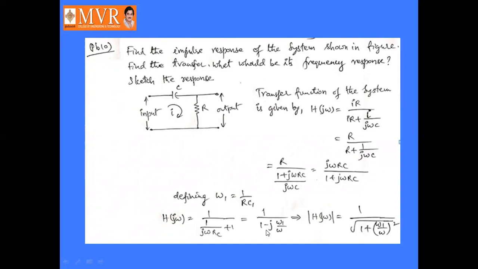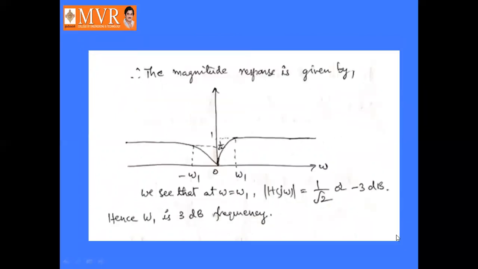That's why it becomes 1 by (1 minus j into omega 1 by omega), or mod H of j omega is 1 by square root of (1 plus (omega 1 by omega) whole square).